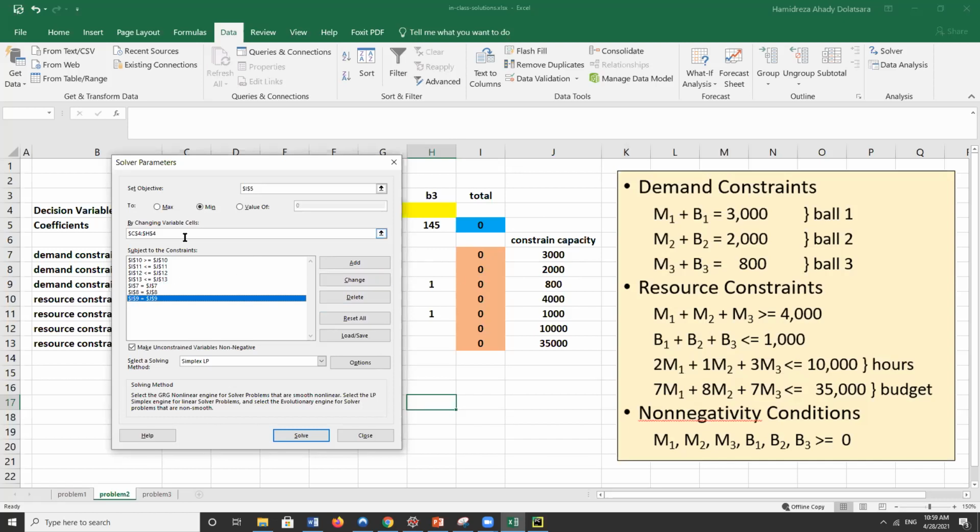And same for other equations, like equal, less or equal, or more than equal. And the last section, you just say all of the variables should be non-negative.